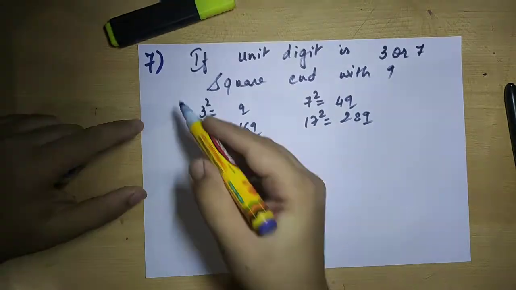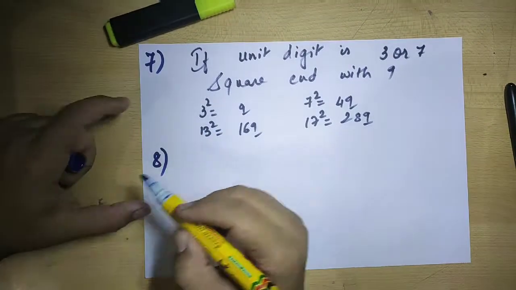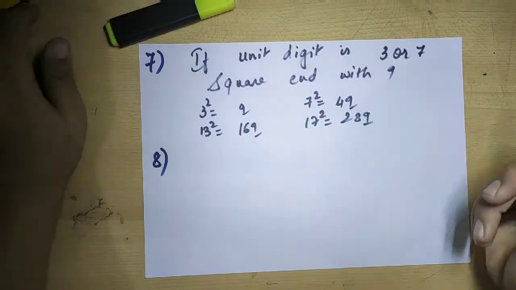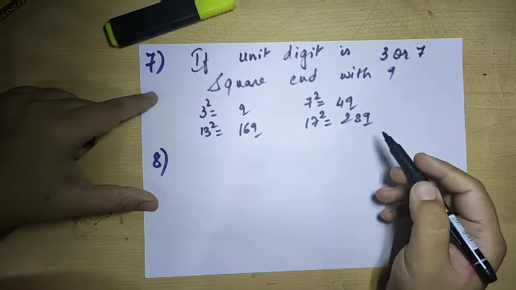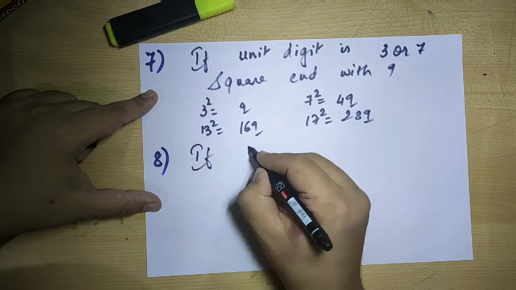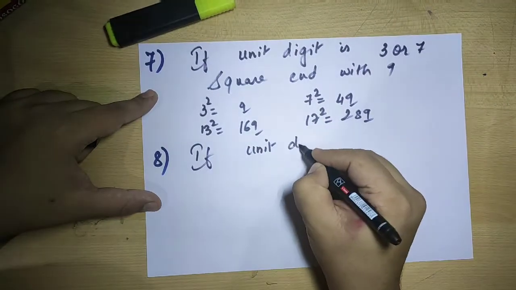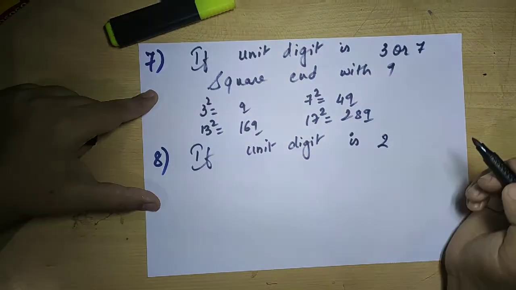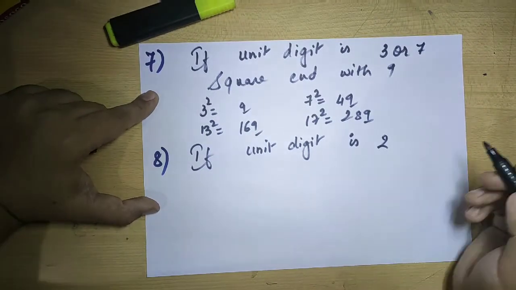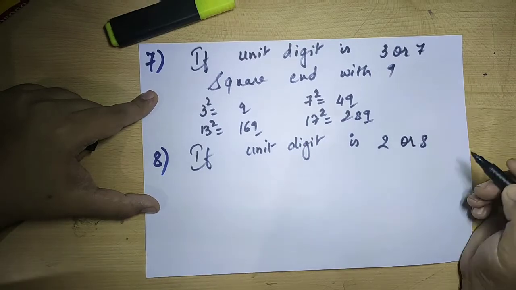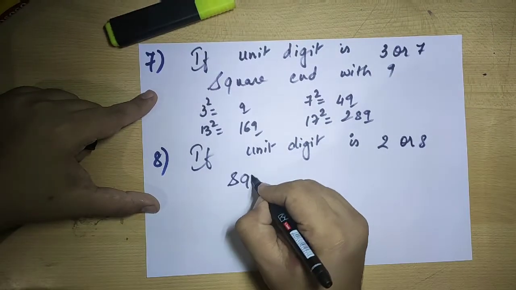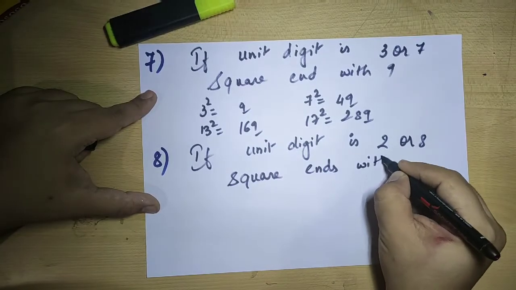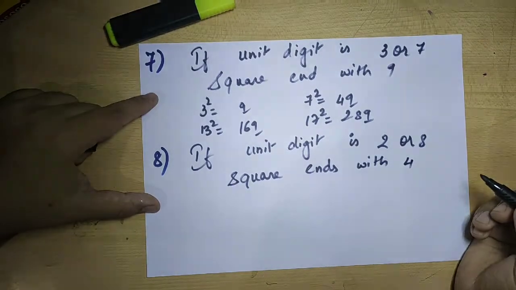Now we come down to the eighth property. In this eighth property, we will study that if the unit digit is 2 or 8, the square ends with 4.